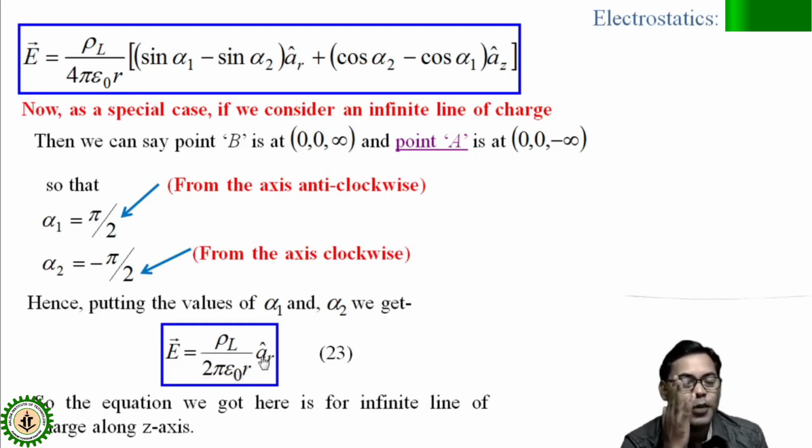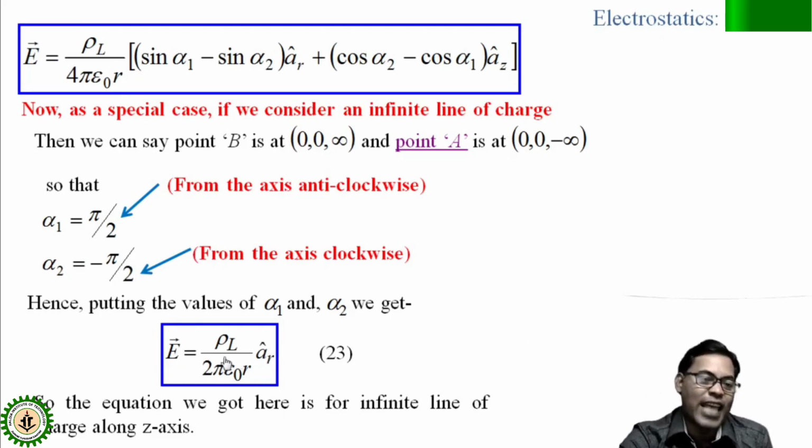Now this is the expression of the electric field intensity at the point whose coordinate is x, y, z for an infinite line charge. Interestingly, from this equation we can see that the electric field intensity is not dependent on the length of the line of charge, because rho L is constant and 2 pi epsilon naught is constant.